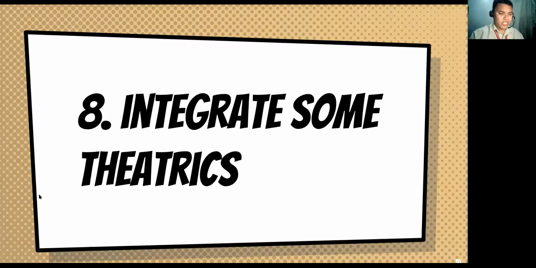This is very important. So you need to integrate theatrics. That means if you can provide visual aids, pictures, or do some demonstrations, then you can, as long as you manage your time.